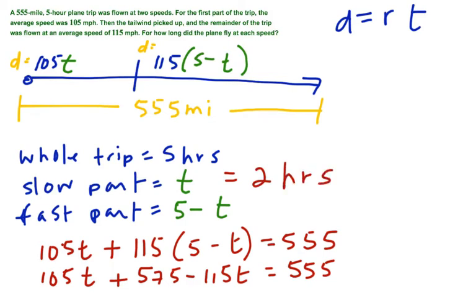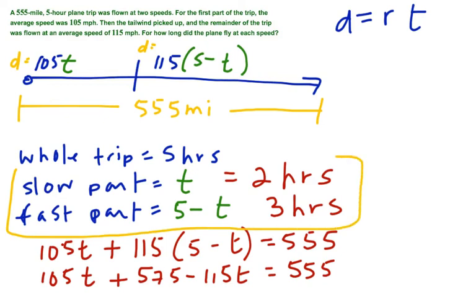Okay. And 5 minus t, 5 minus 2 equals 3 hours. And so going back to our key here is helpful for solving this. The slow part of the plane trip is 2 hours. The fast part of the plane trip at 115 miles per hour is 3 hours.